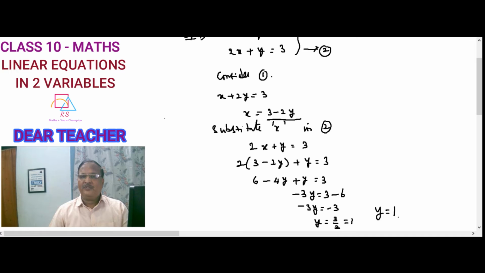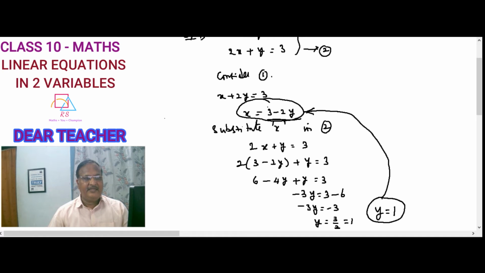So now, of the two variables, we have got the value of y. Now we should get the value of x. So again we resubstitute this value. Here we have already got x in terms of y.